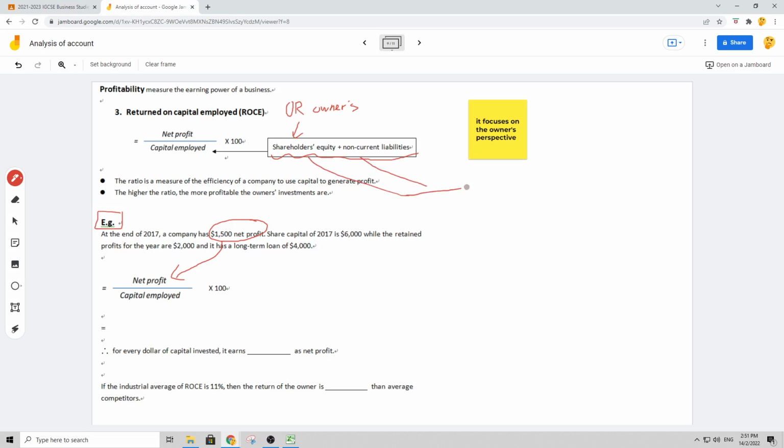I know they have so many items, and sometimes you just have to memorize how you can calculate capital employed. How do you define shareholders' equity and also non-current liabilities? But they are all for long-term investment.